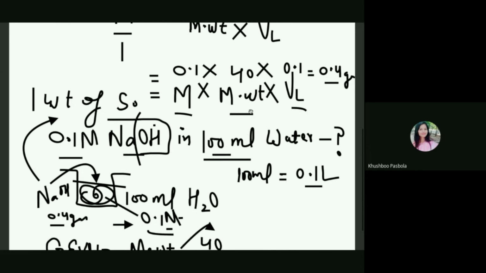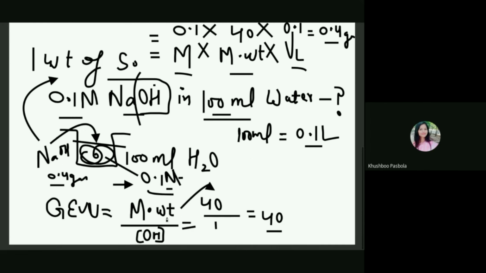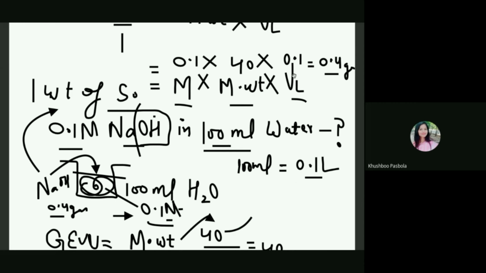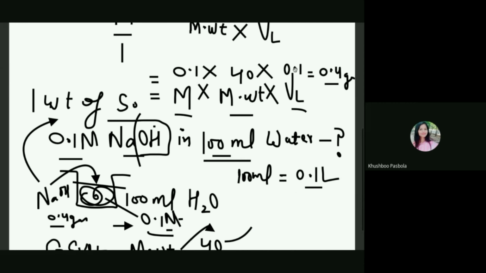In place of molecular weight, write down molecular weight. Now what will be the molecular weight for NaOH? Molecular weight for NaOH is 40. So just 40, and volume will be the same. Now the answer will be 0.4 gram again.